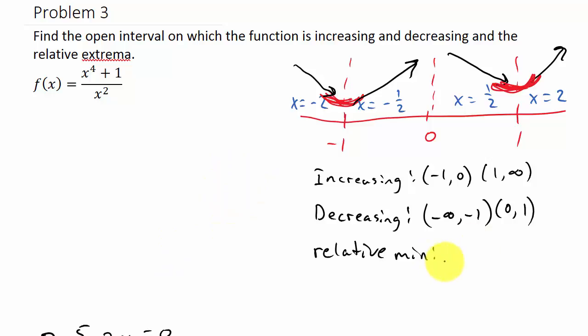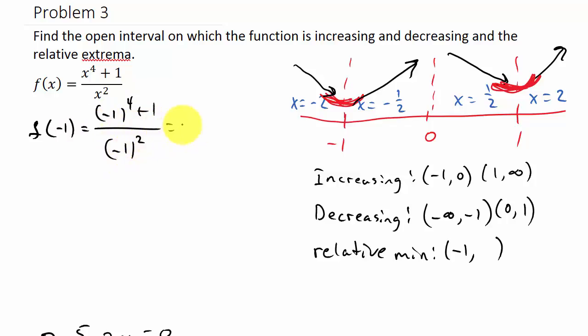So we have a relative minimum at x equal -1, and now we need our y value. To find the y value, you take your x value and plug it back into the original function. So f of -1 is -1 to the 4th plus 1 over -1 squared, and you can see that gives us 2.